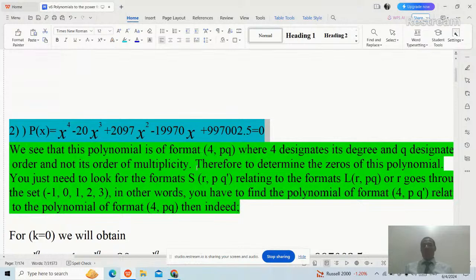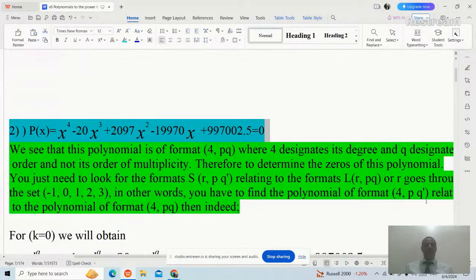Therefore, in order to find all the roots of this polynomial, you should first find the S_r^{(4)}, the fourth values relating to the L_r, where r goes through the set of numbers minus 1, 0, 1, 2, and 3. In other words, you have to find the polynomial form of the fourth-order polynomial.